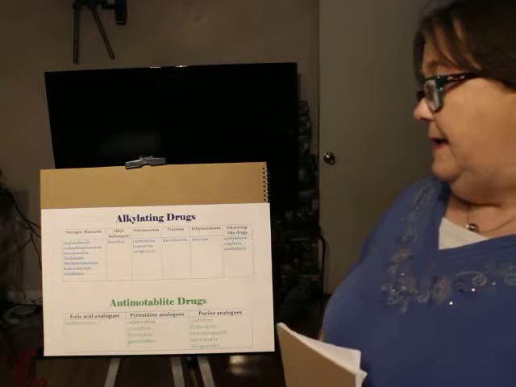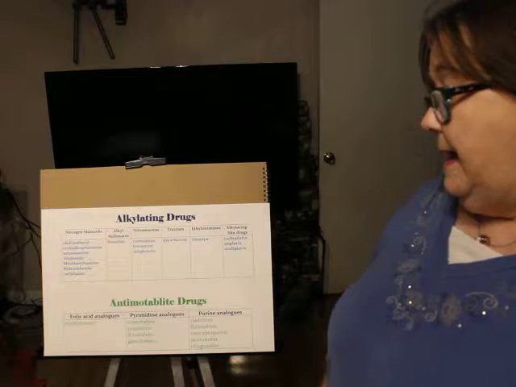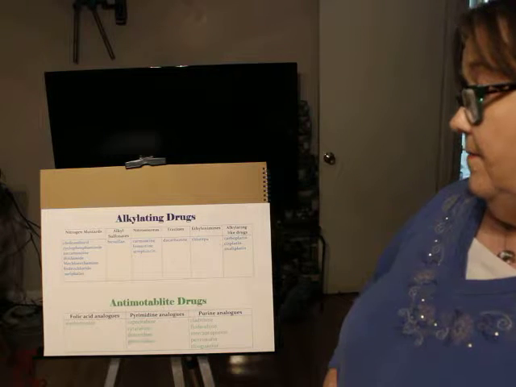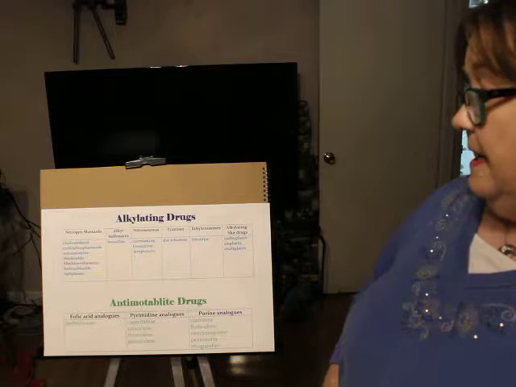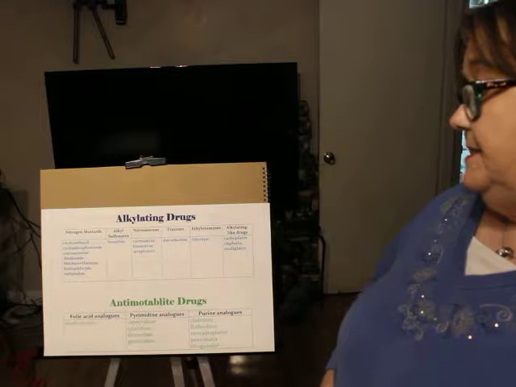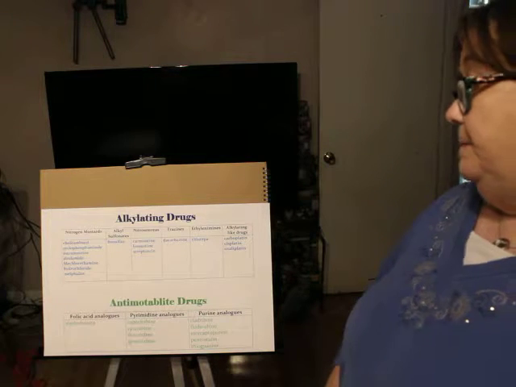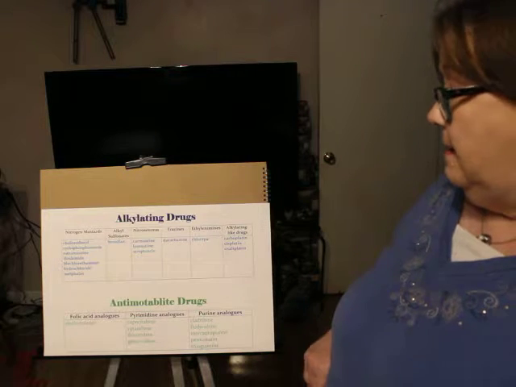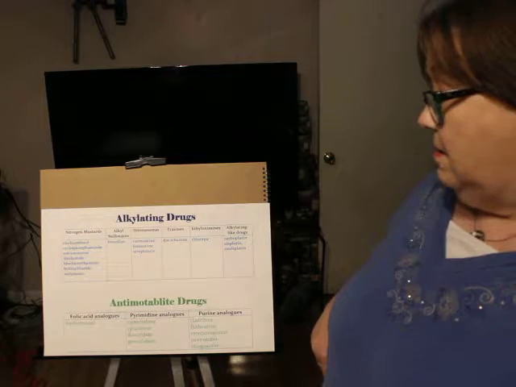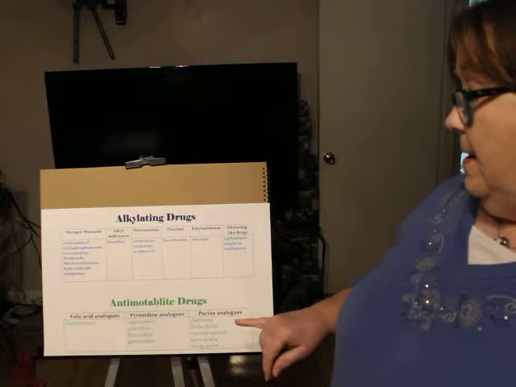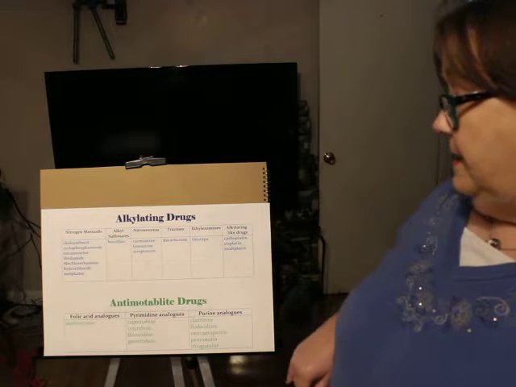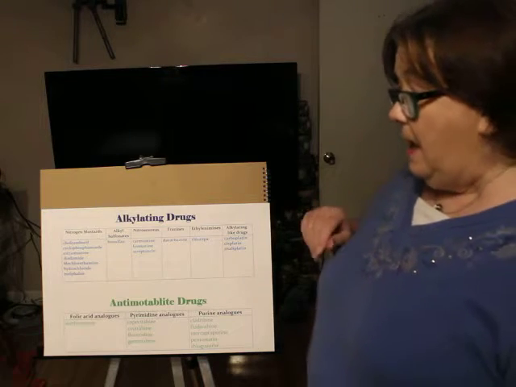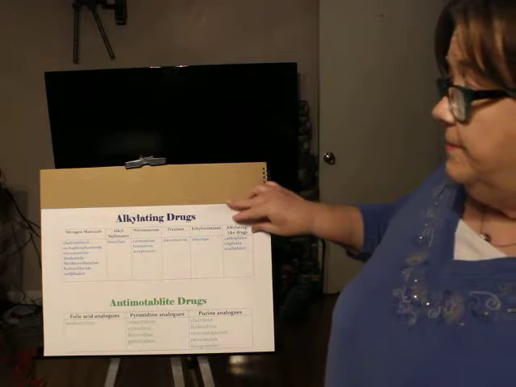The pyrimidine analogs, capecitabine, floxuridine, and gemcitabine, all are pyrimidine analogs. Purine analogs include mercaptopurine, pentostatin, thioguanine, and there are a couple of others in there.